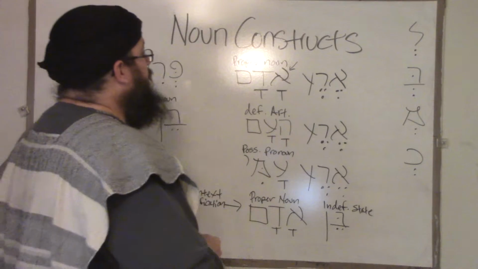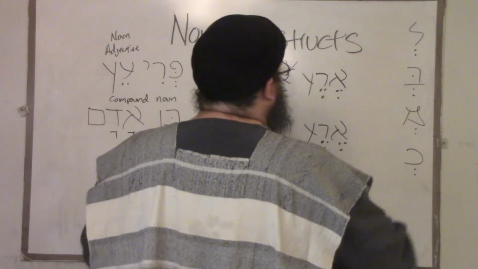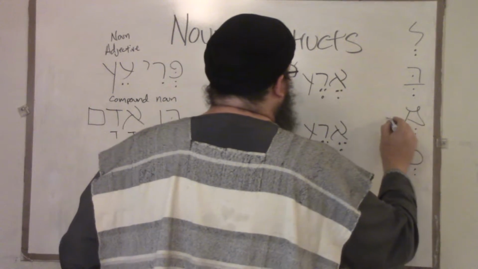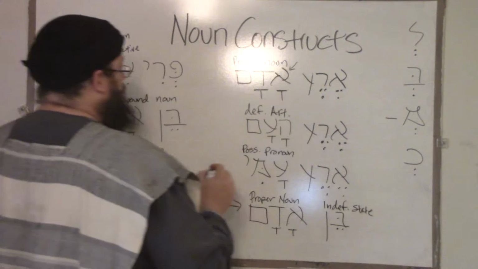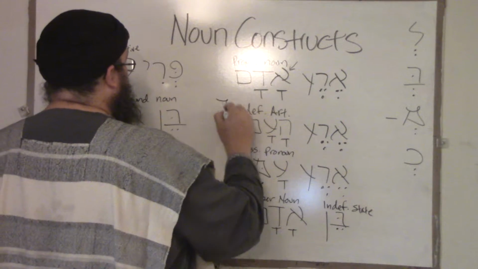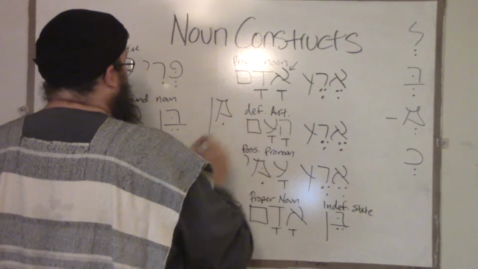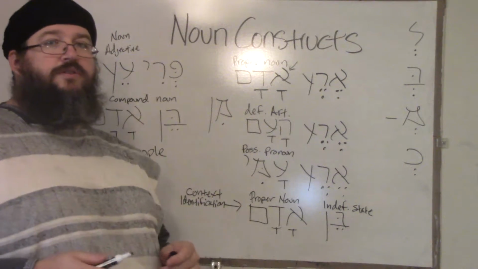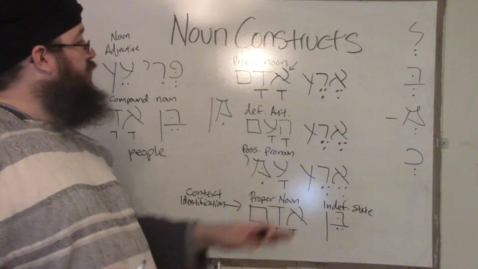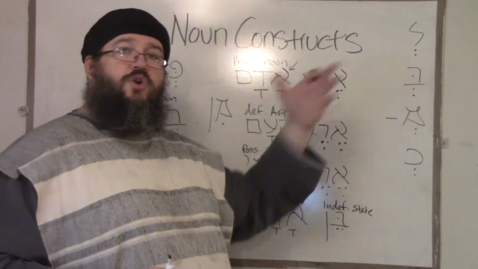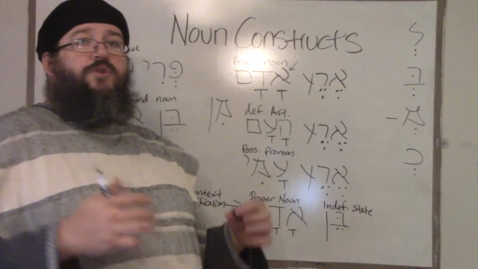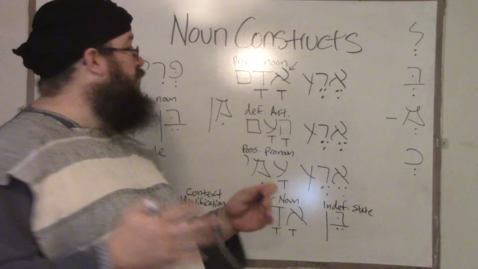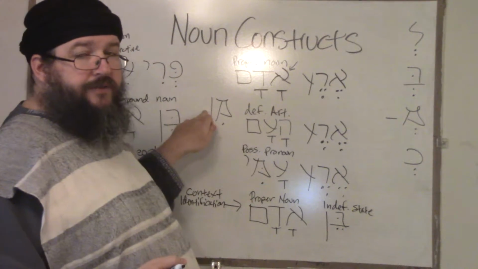So for example, if we're going to attach the mem, we remember it actually comes from the word min. The only time the word min is ever reduced to just the mem, with the nun dropped off, is when we're talking about something that doesn't require the hey article after it.